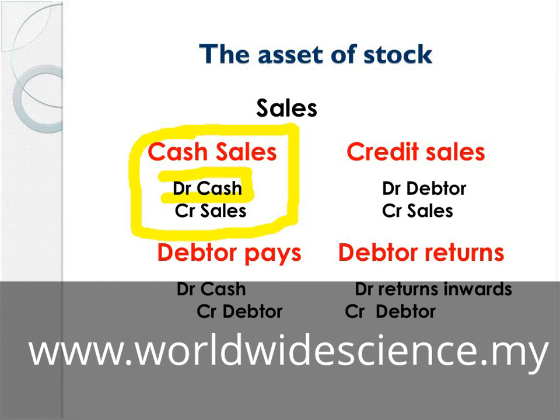We have just sold some products. On the debit side, we show that we have received some cash. It will increase the debit. And on the credit side, the sales will decrease.